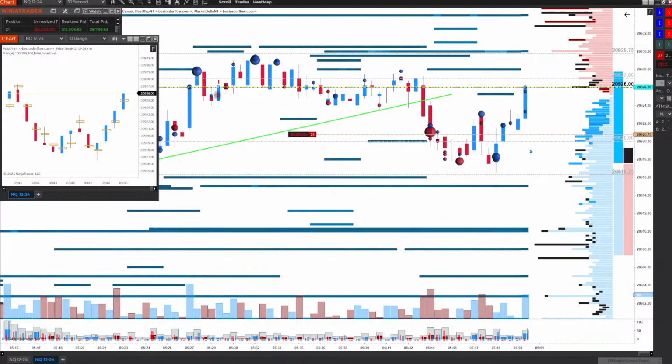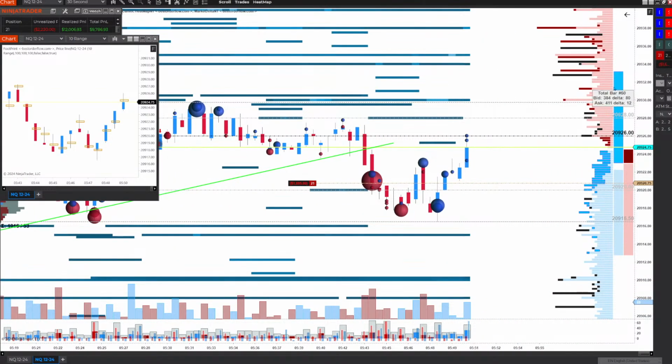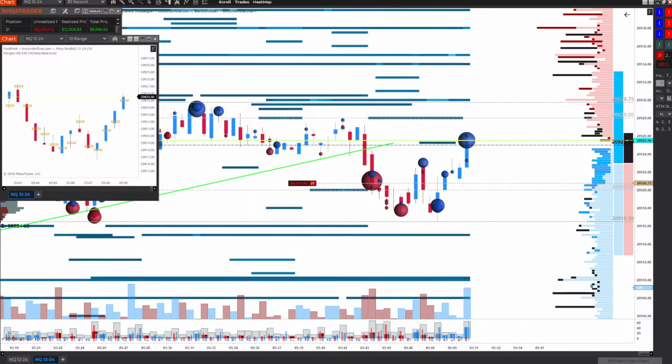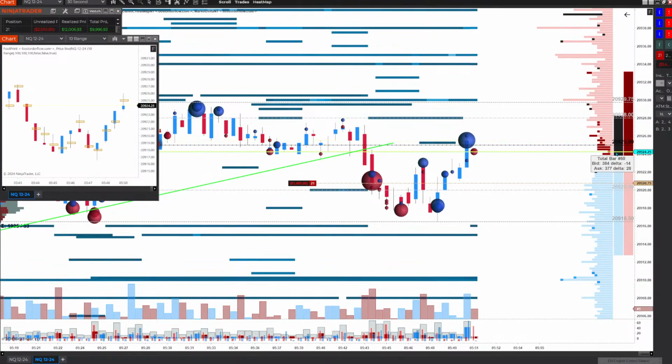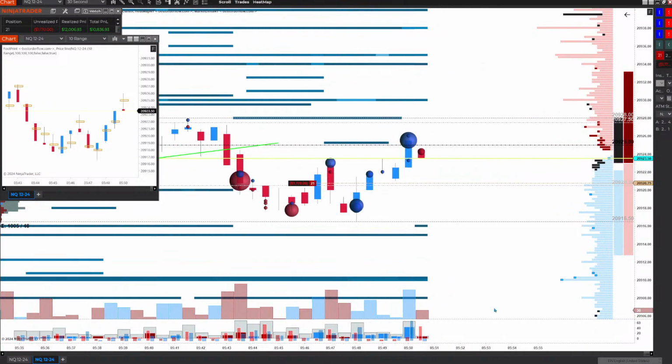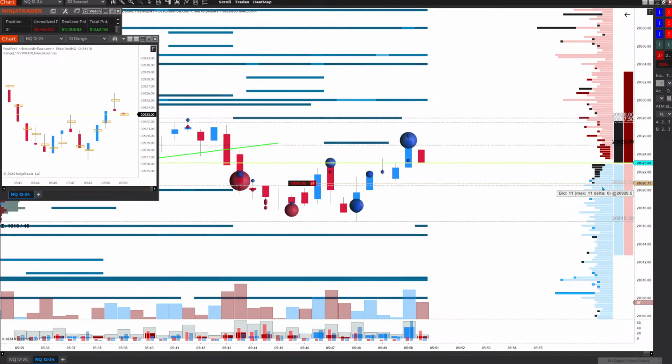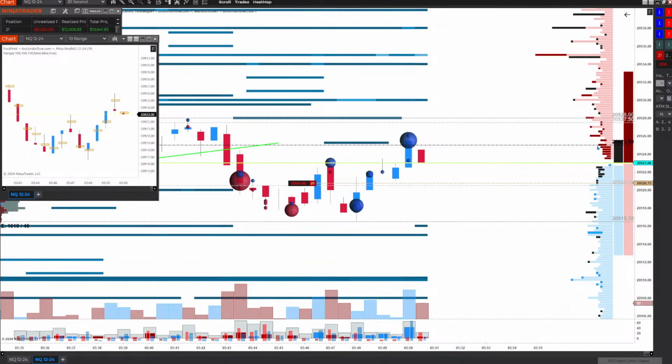Now, when you see the dome here on the right side, you see that there is a delta between pulling and stacking. Let me try to explain it this way. You see this red bar that shows 20 levels on the right side, 20 levels for sellers.